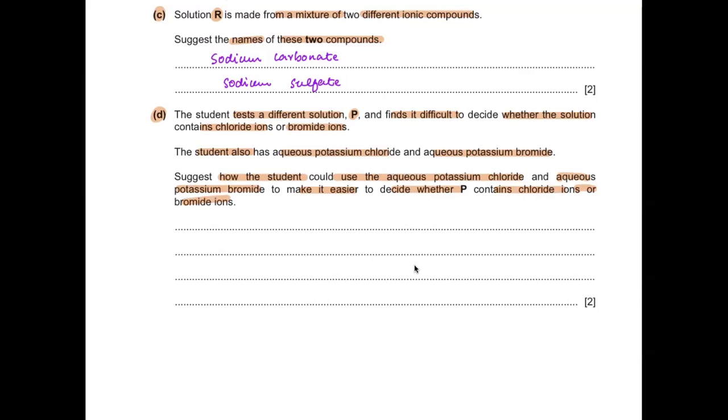So it's easy. You have potassium chloride and potassium bromide, right?